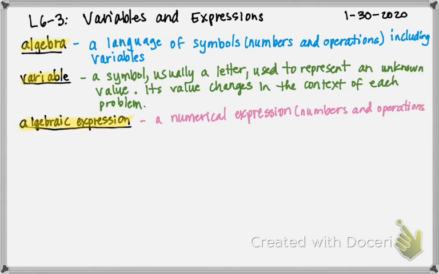An expression has to have some math happening in it, and a numerical one has numbers only, but to make it algebraic, we add variables, with variables included. Oops, forgot the word variables. There we go. And as soon as you have any kind of mathematical expression, so remember, no equal sign, that has a variable in it, it's now an algebraic expression.